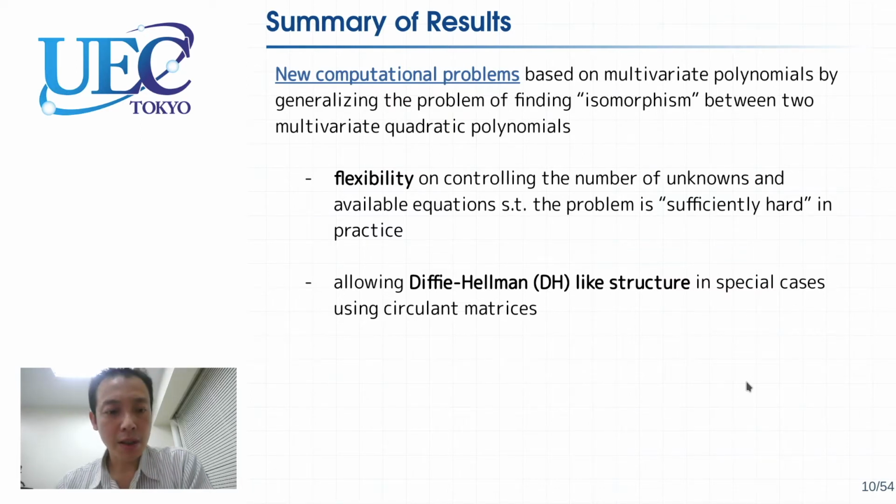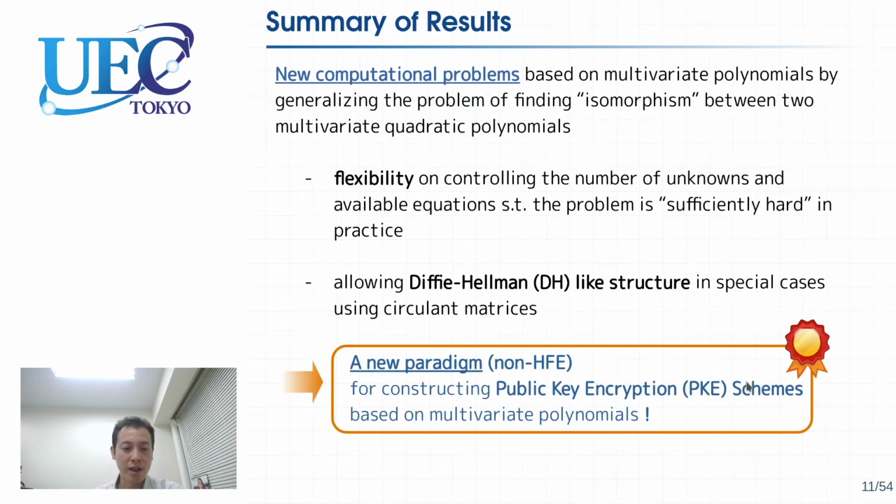These new computational problems offer flexibility in controlling the number of unknowns and available equations, so that the problem is hard in practice. They also allow Diffie-Hellman-like structures, such that we get a new paradigm, a non-SFE paradigm, for constructing PKE schemes based on multivariate polynomials.